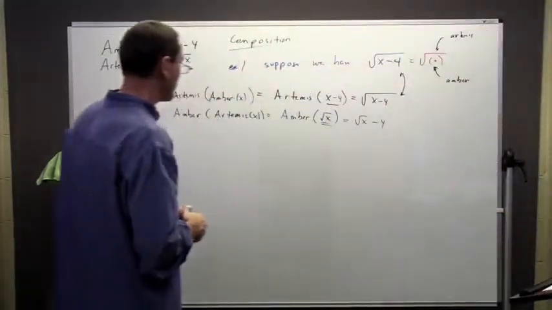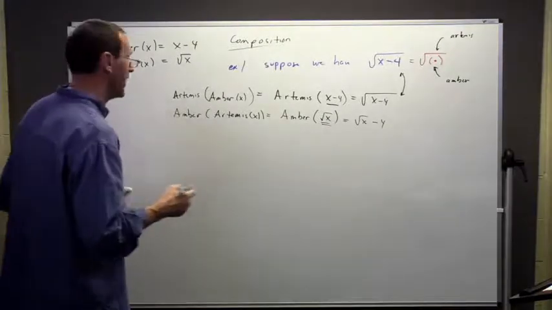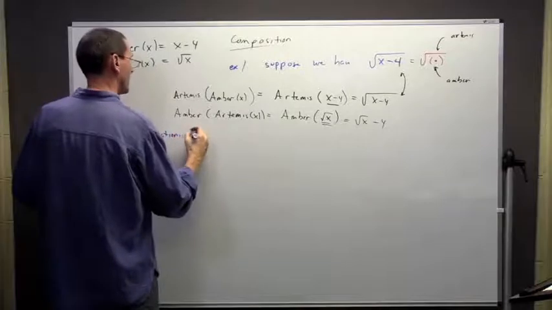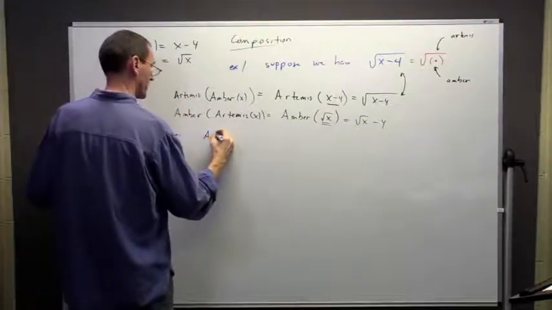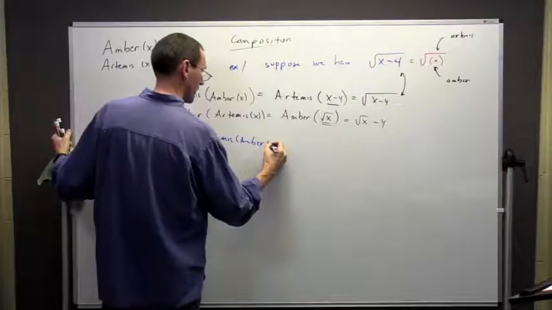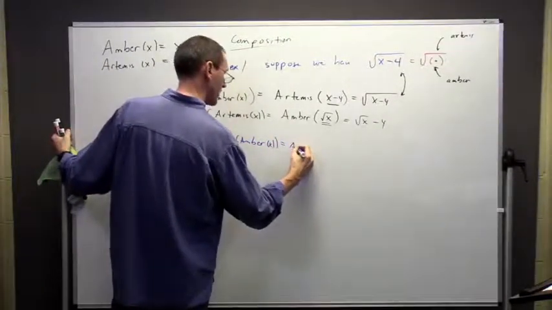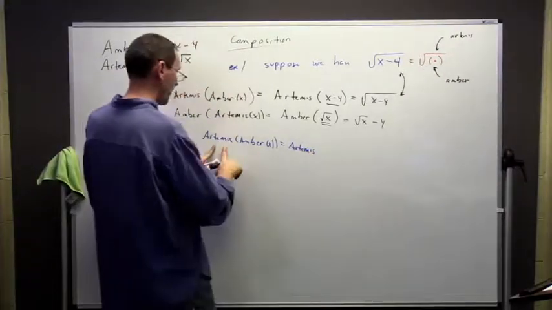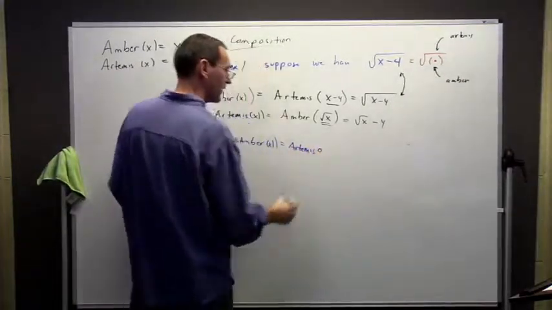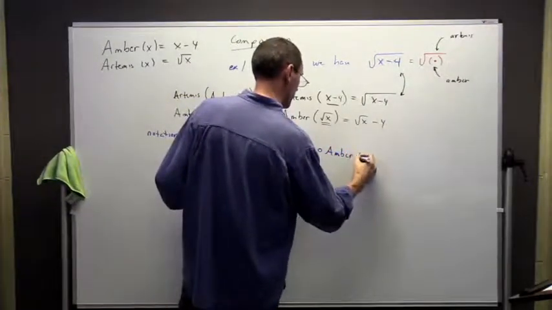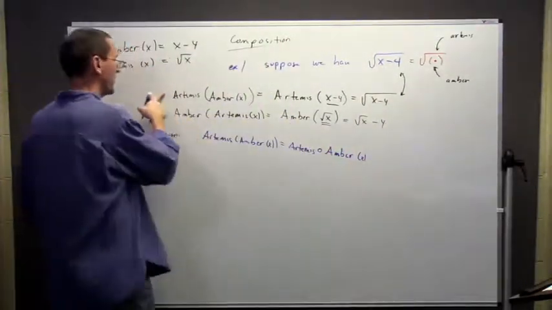Okay? And in terms of the notation, this first one we sometimes write like this. We're going to compose Artemis with this, so we'll write an open circle there. So this means the same thing as that.